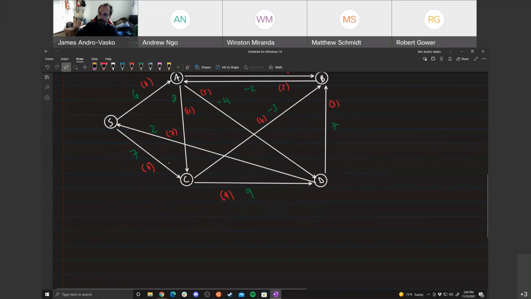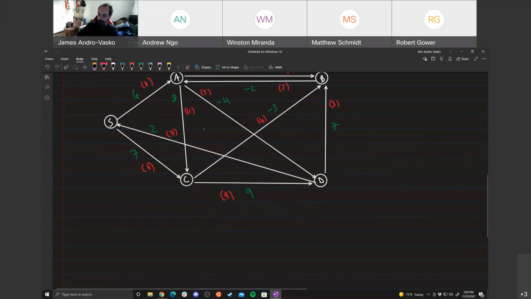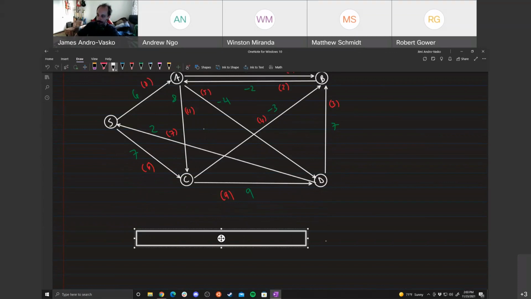I'm going to go ahead and draw my W array over here. It's going to be a relatively small array because we only have 5 elements. This will be our W array. I'm going to copy and paste, since I'd have to keep drawing this again and again.